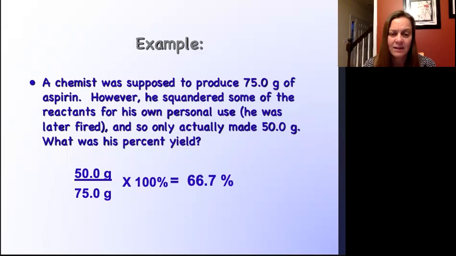And we get 66.7%. So now, these are the easy kind of percent yield problems where we're given the actual yield and we're given the theoretical yield. So let's take a look at a couple more like that, recognizing that it's always actual over theoretical times 100.